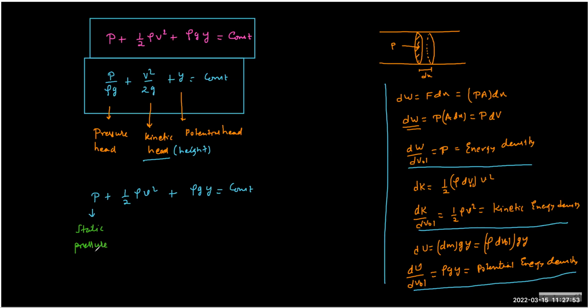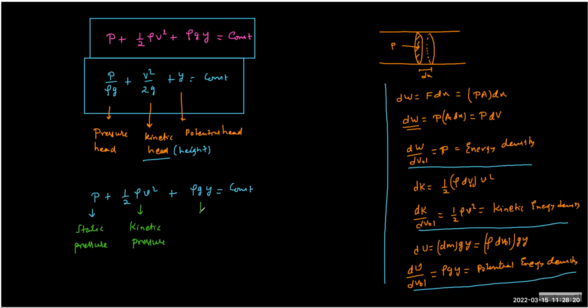So the concept of pressure which you have studied so far is actually static pressure. And why are we saying static pressure, not just pressure? Because the second term, because we are adding to a pressure, dimensionally it is also pressure. So we have a name for it. We call it kinetic pressure.